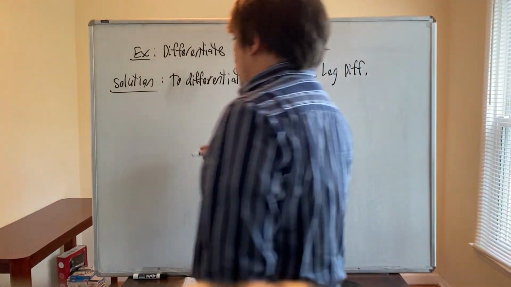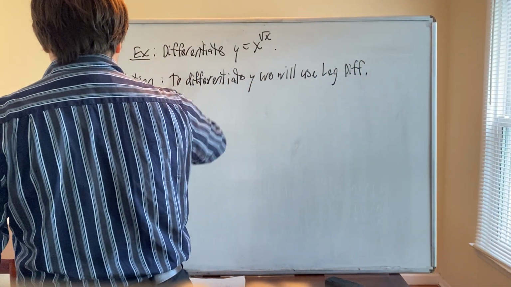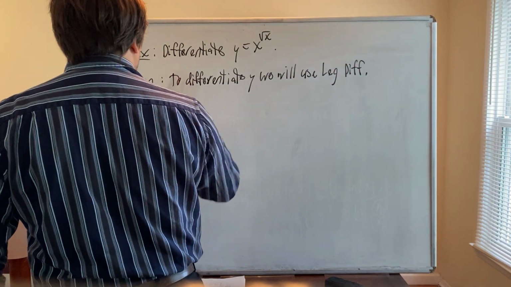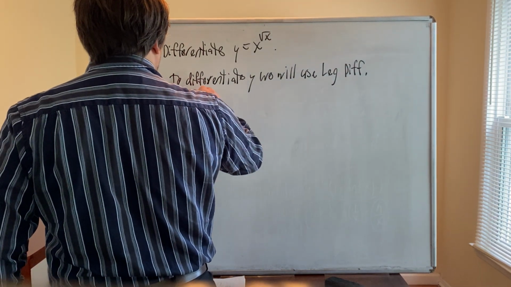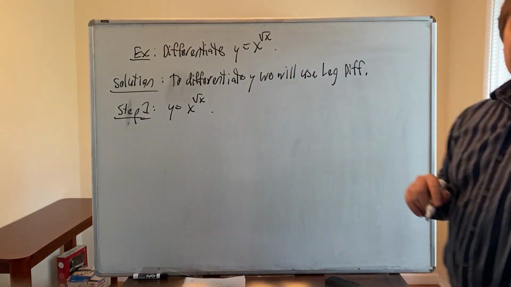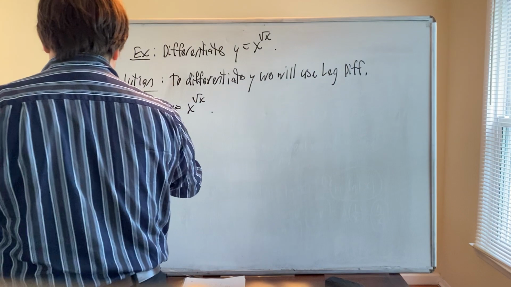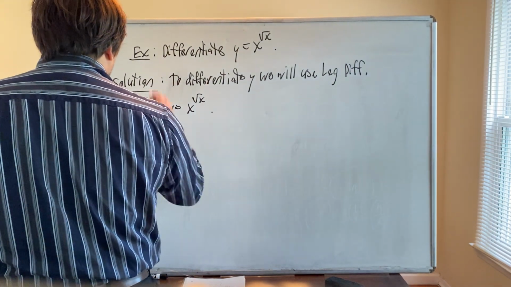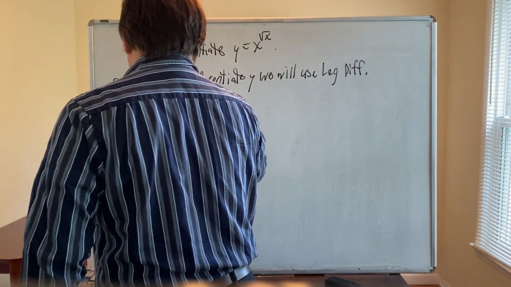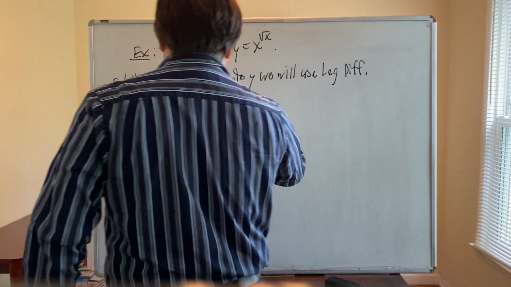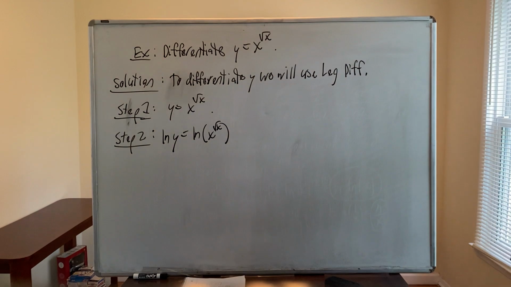Okay, so step 1 is write y equals f of x. In this case, it's y equals x raised to the square root of x. That's step 1 of 3 steps, okay? Step 2 is take the natural log of both sides and simplify this with the laws of logarithms.